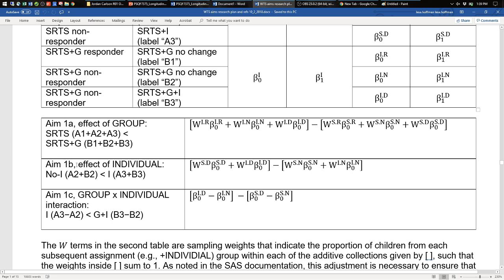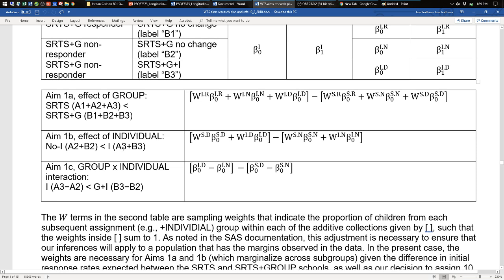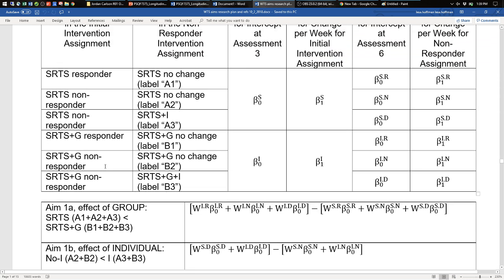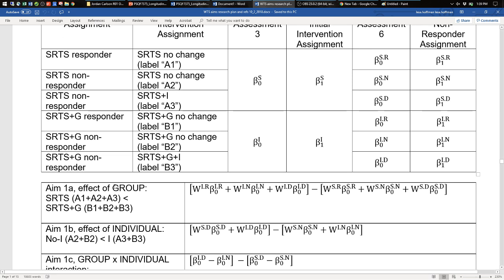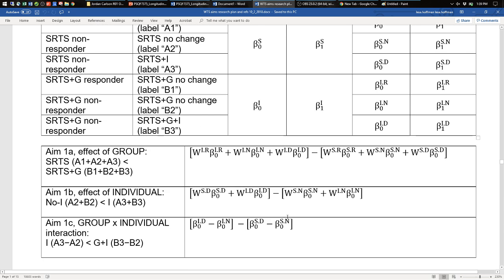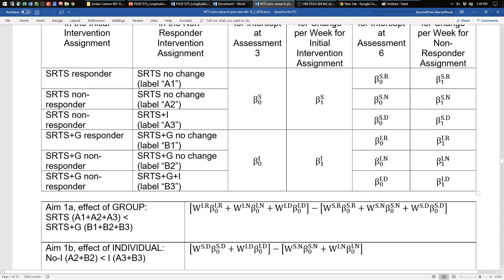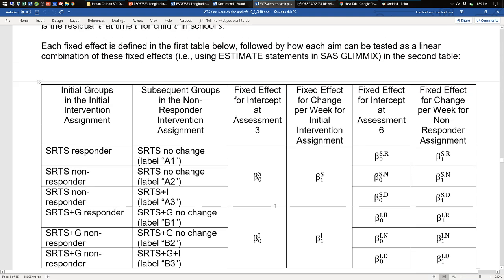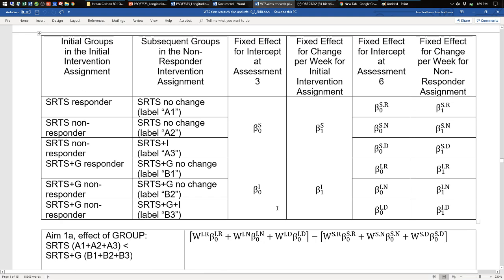And then aim 1B was this. Does this cell work better than that cell more if it's this one than that one? That's 1B. And that's that linear combination. Or no, that was 1C, excuse me. So, point being, at the end of the day, these are just linear models concepts.